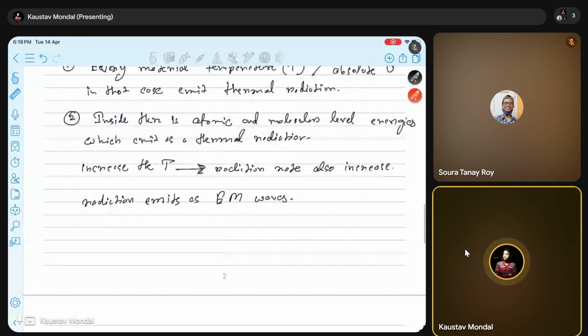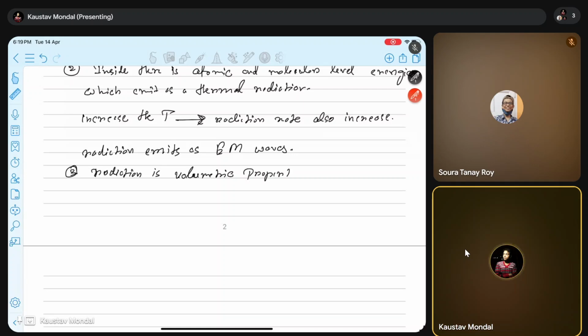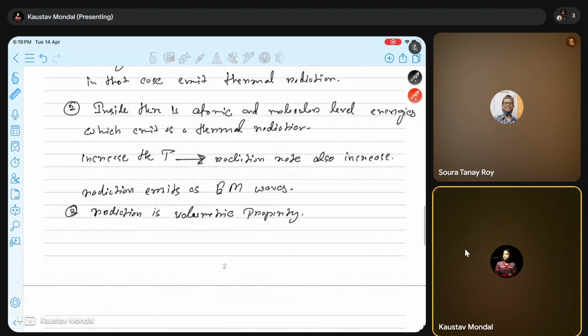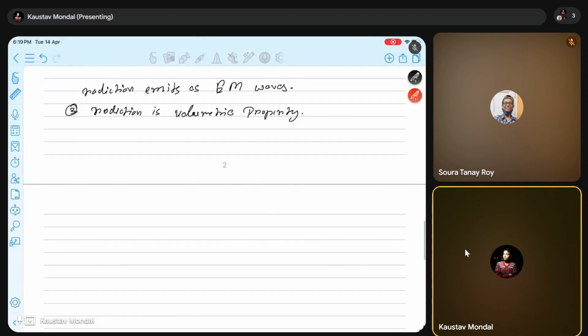It's also a volumetric property, so radiation is directly related to the volume of the system. If you increase the volume of the system, the radiation rate will also increase.